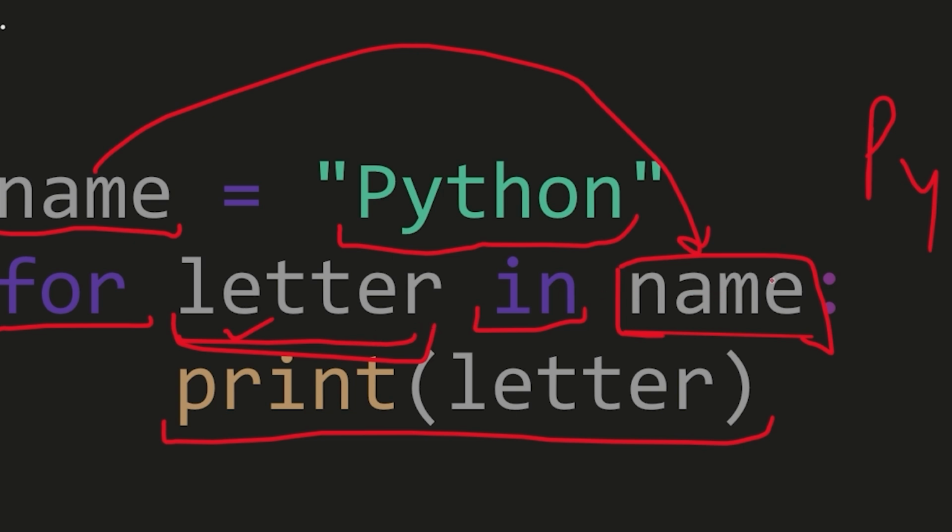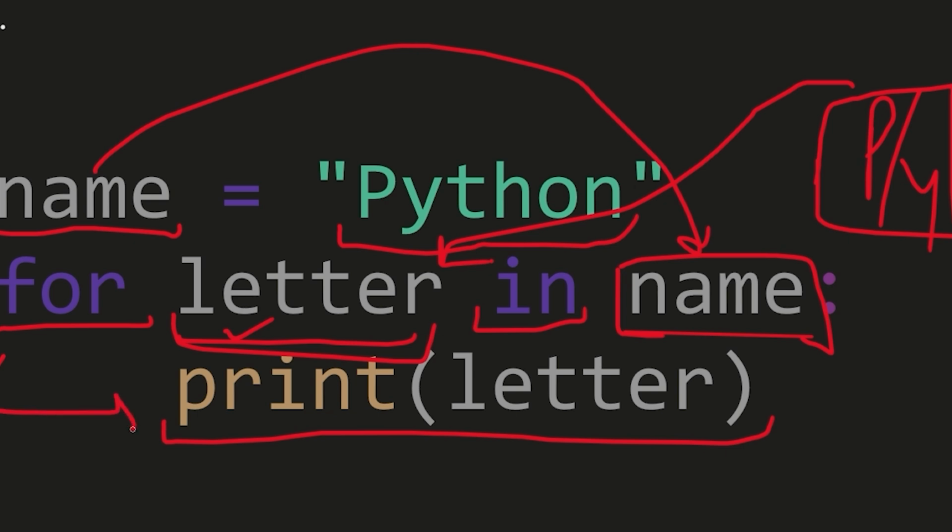So here what will happen? The sequence we now have is Python. The letter variable will take one value from it, one at a time. It will take every character one by one. So firstly, P will be assigned to the variable letter. It will go inside the for loop and print P. The control will come again to here.